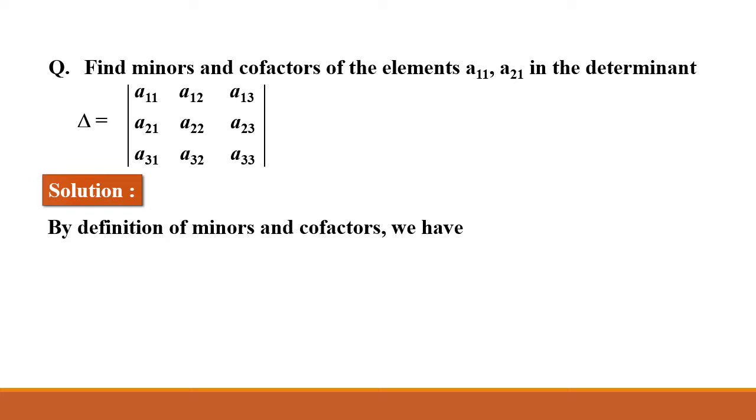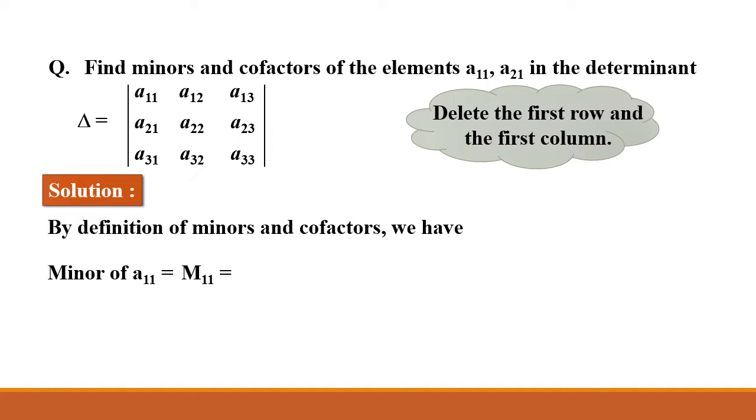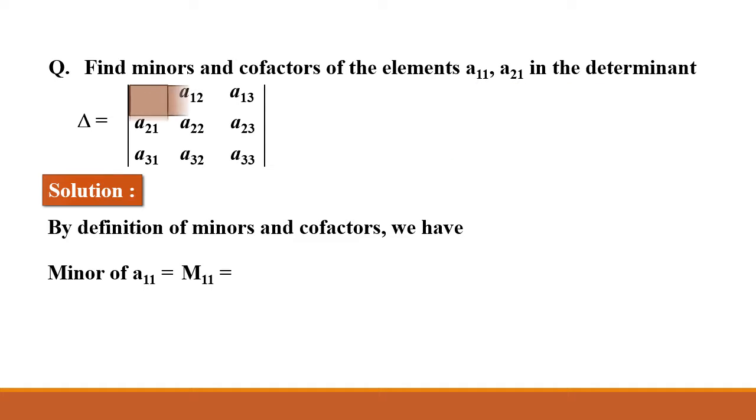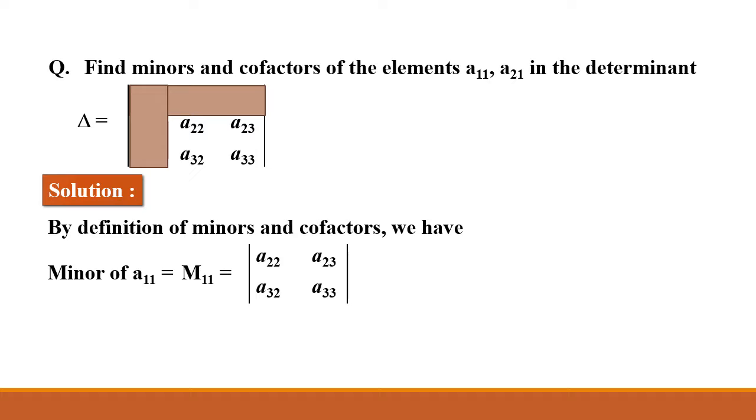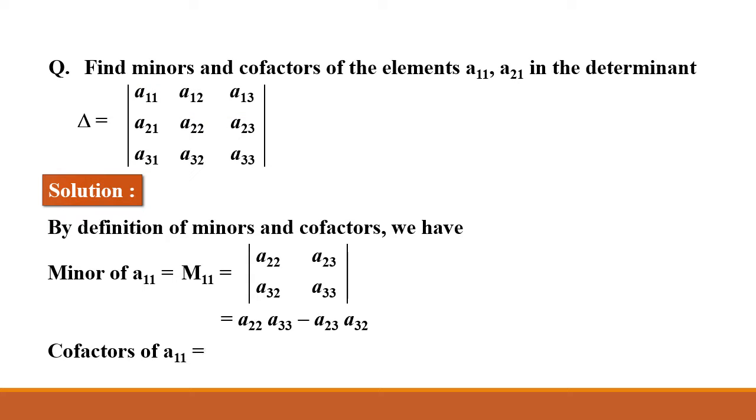So by definition of minors and cofactors, the minor of the first row first element will be equal to M11, and it is obtained by deleting the first row and first column. So the 2 cross 2 determinant obtained is A22, A23, A32, A33. On simplifying we get A22 A33 minus A23 A32.